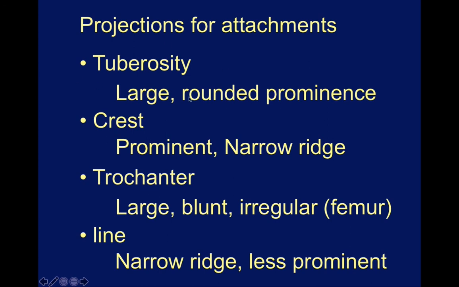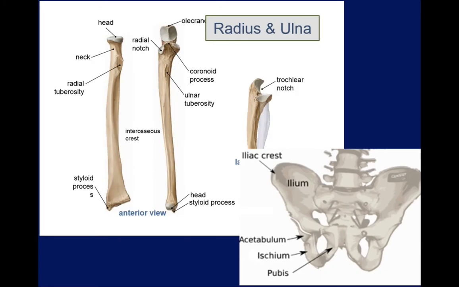So first and foremost is a tuberosity. This is one bone marking that we're going to see very, very frequently. A tuberosity is a rounded prominence that tends to be a bit larger. Tuberosities do differ in their sizes. However, compared to some of these other bone markings, as a group, tuberosities refer to processes that stick out of our bones. Two good examples of tuberosities can be found on the radius and the ulna.